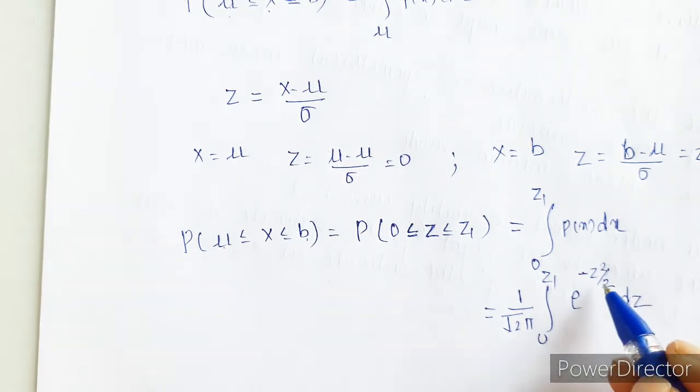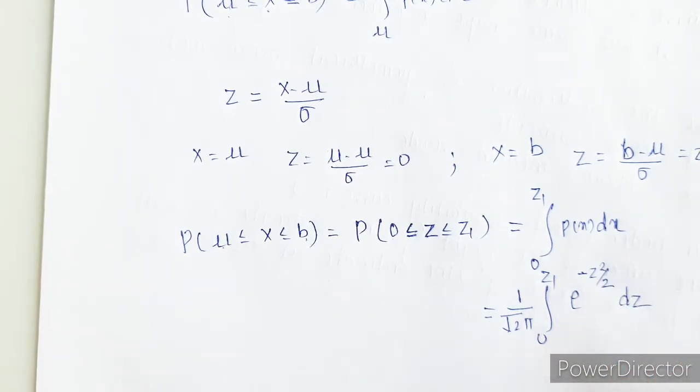We are using z instead of (x minus mu) upon sigma.